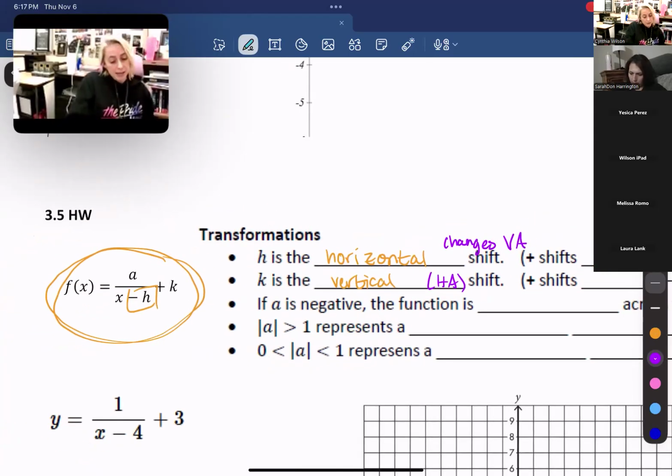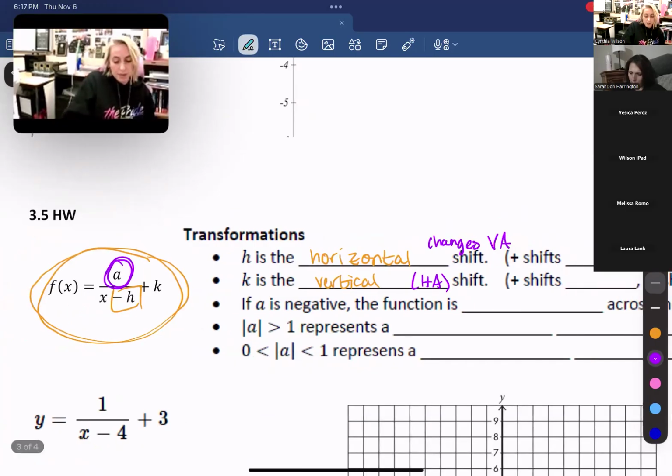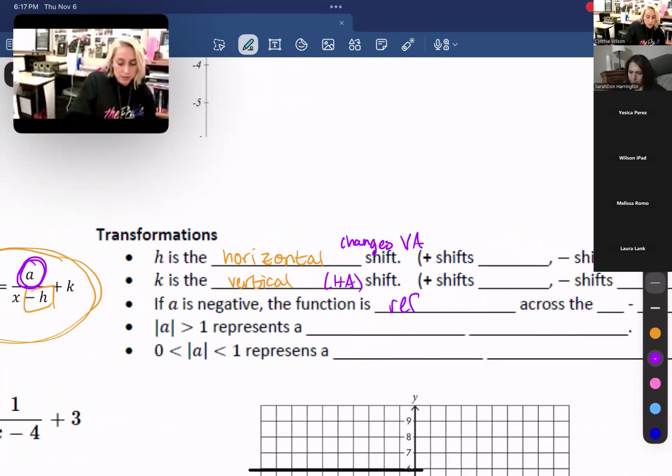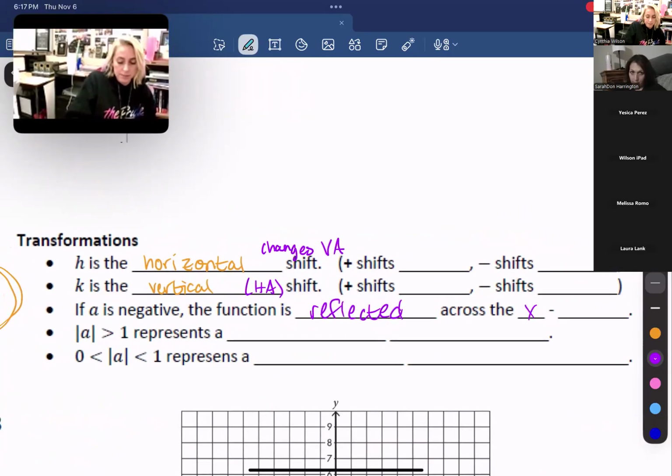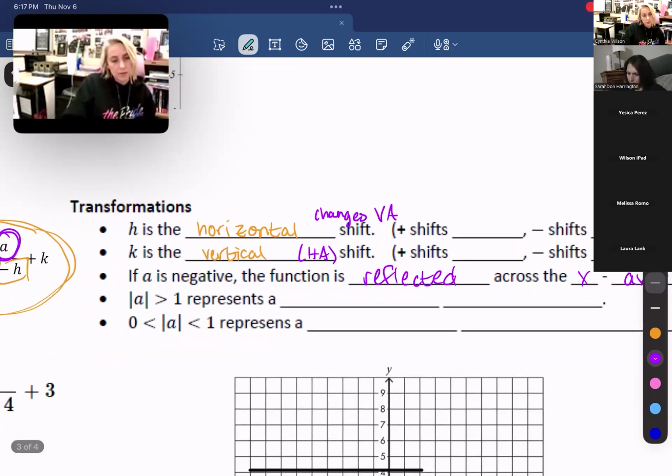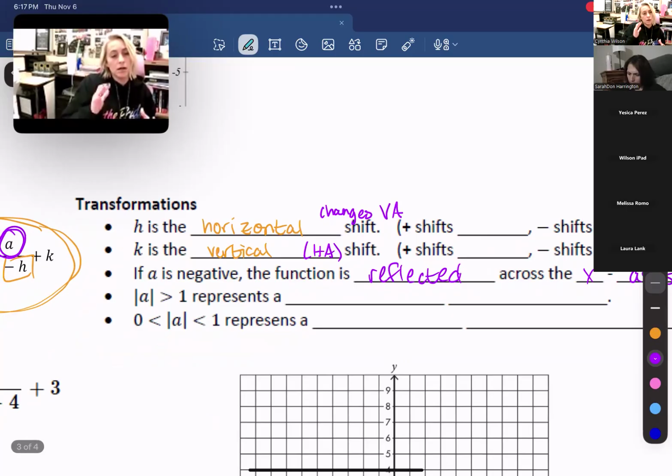Okay, if that A is negative, so this A right here, if it's negative, the function is reflected. So it's flipped over the x-axis. Not super important on a rational function, but if that A is greater than 1, not including the negative sign, this is a vertical stretch.